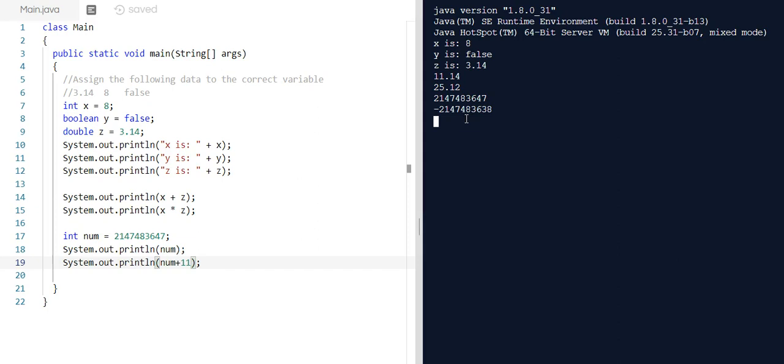So think of a number line, but actually think of a number line that's connected at the two ends, and it's a circle. And so when you get bigger than the highest positive value, it just circles around to the smallest negative value. And so that's how come we went from 2 billion something ending in 7 to negative 2 billion something ending in 8.